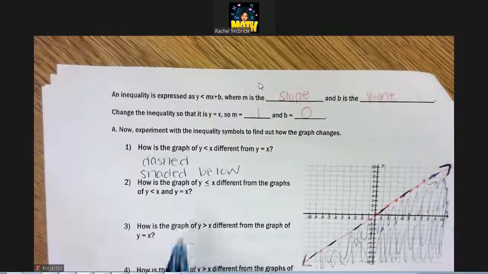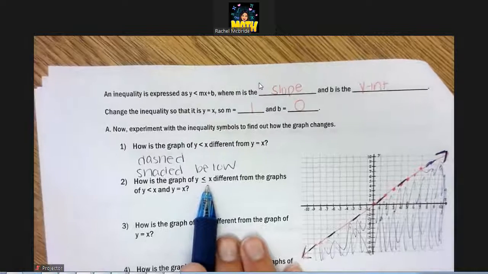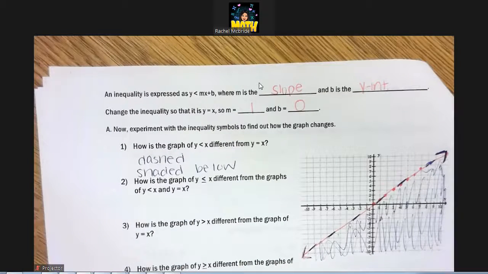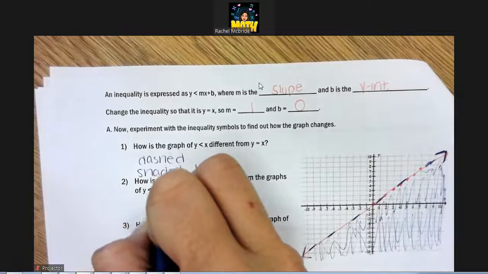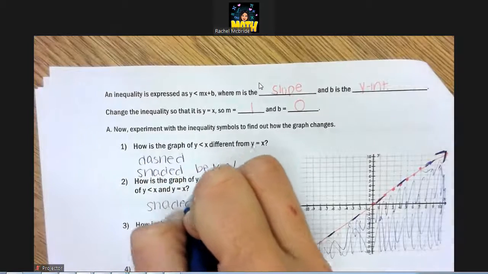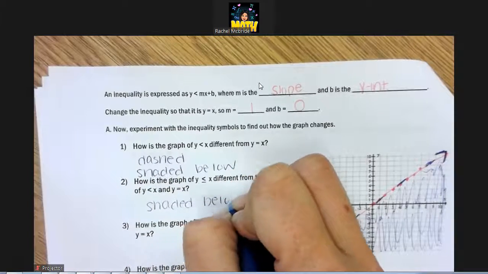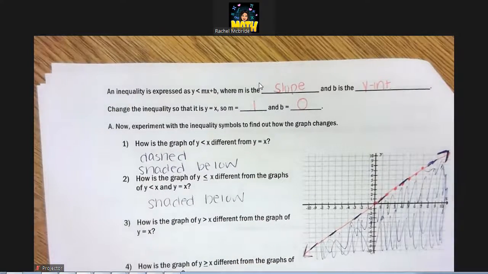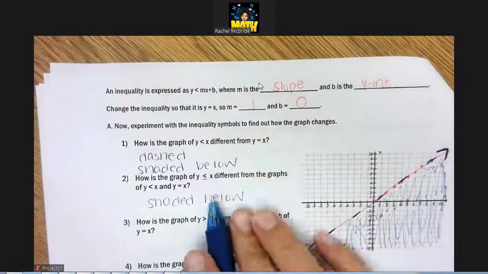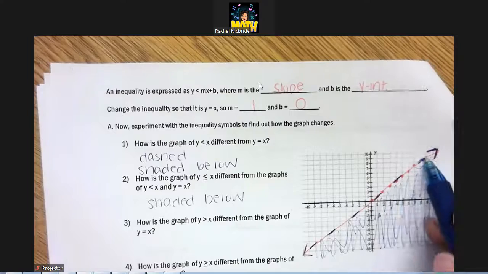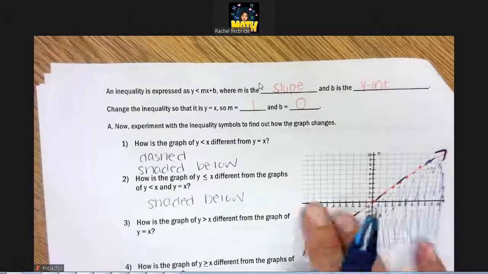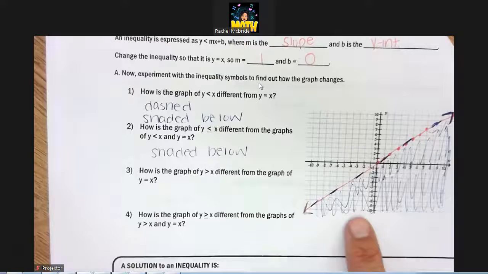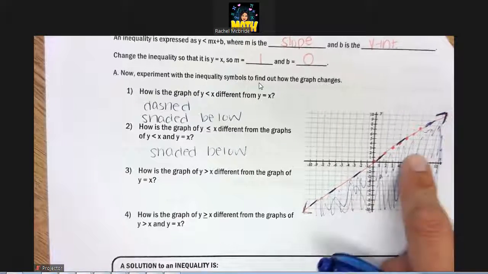If the graph became equal to, then the only difference is the shading below. Because it's just like the example we talked about. Now my line is solid, so it's the equal to. The only difference is that it's equal to x and all values less than x.